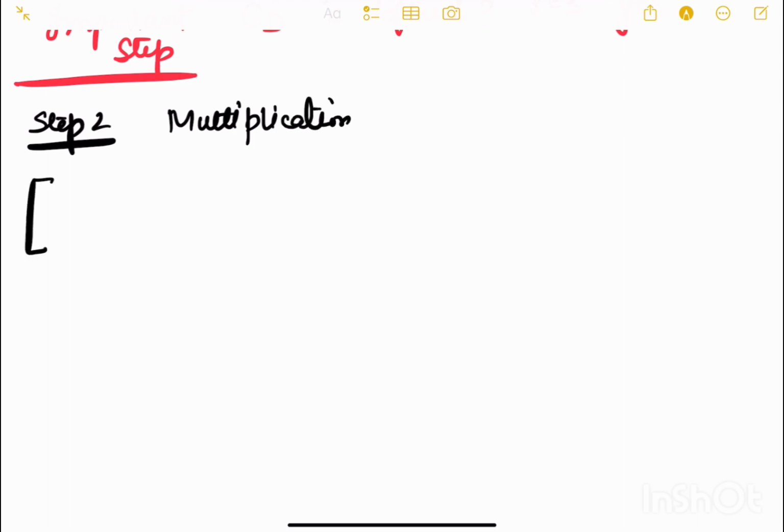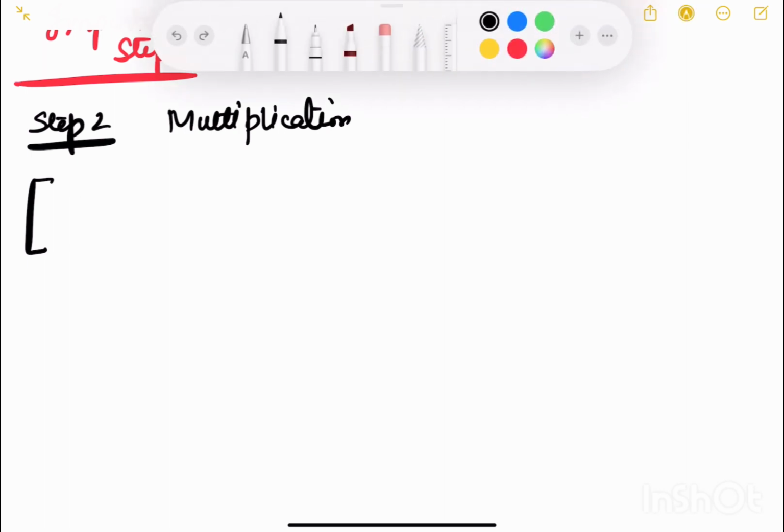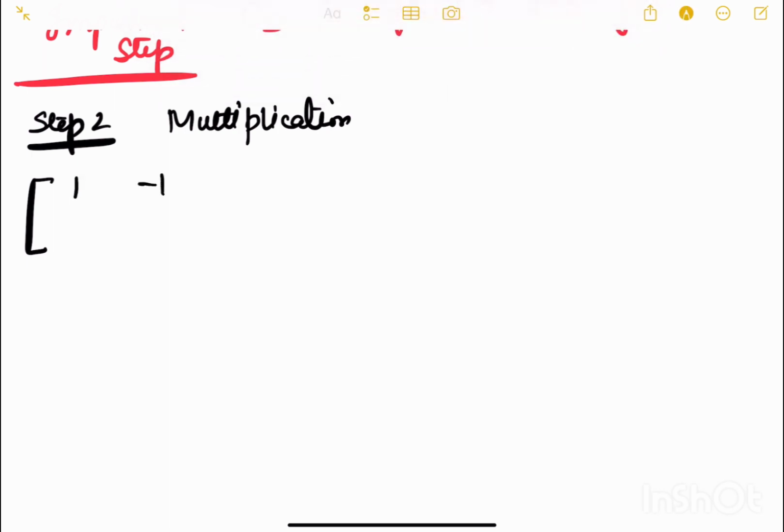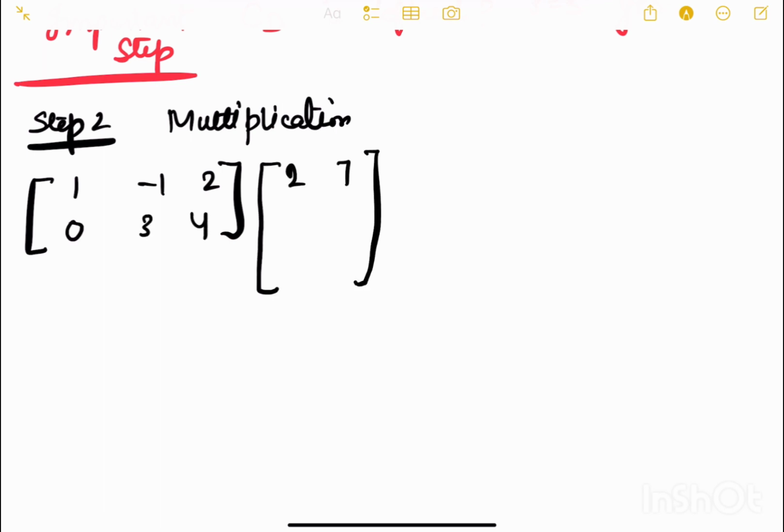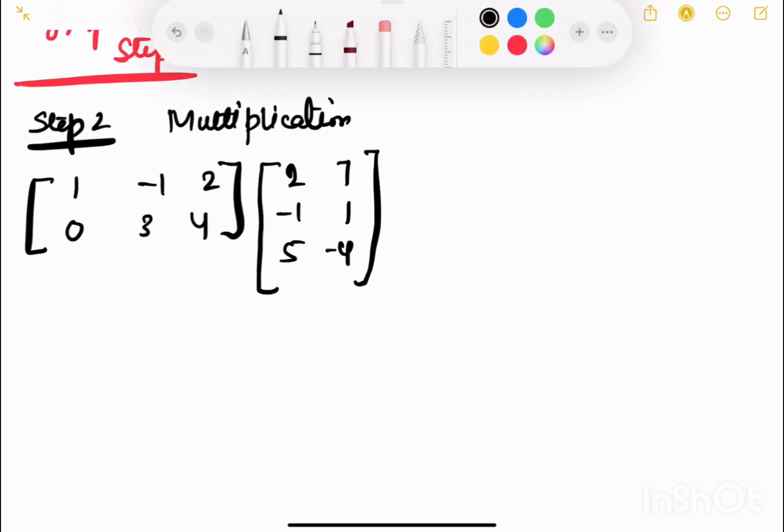So we will first write it side by side. This is my matrix C and this is my matrix D, right?